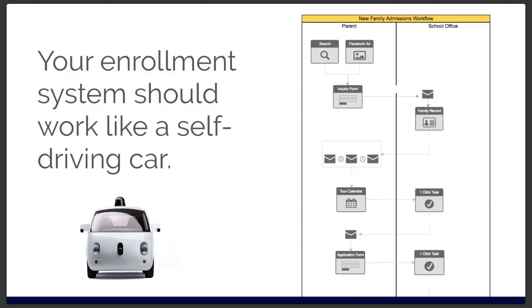If you notice, the right lane here is the school office, the left lane is the parent. So after they fill out the inquiry form, the admissions director gets a notification, and there's a record created in a database automatically. At that point, the parent gets what we call a drip sequence of emails.